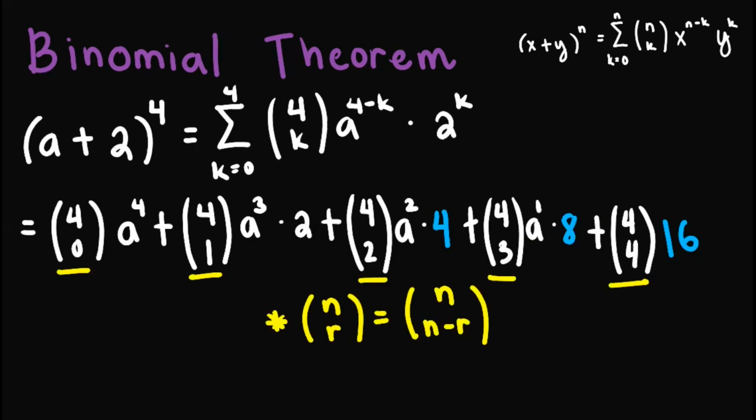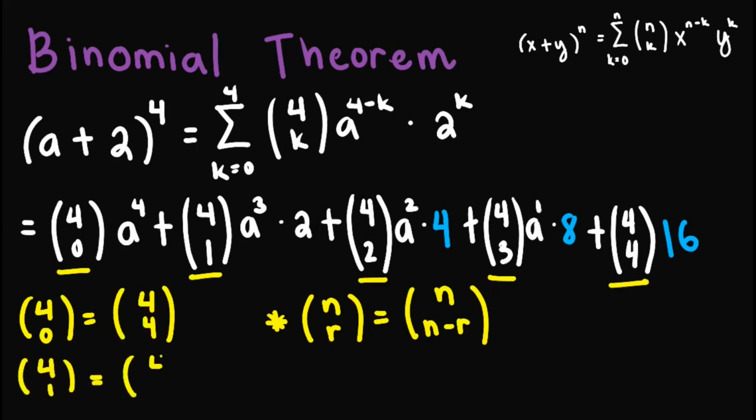So in our given, we know that 4 choose 0 is equal to 4 choose 4, and 4 choose 1 is equal to 4 choose 3.